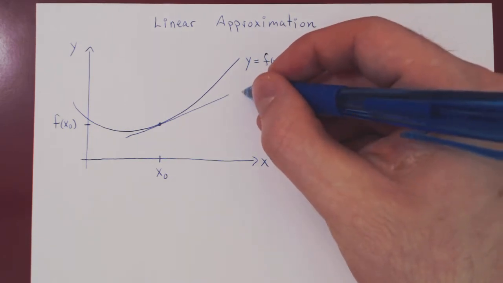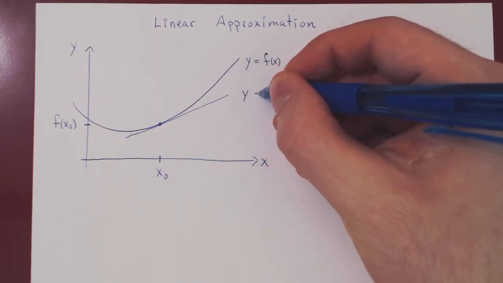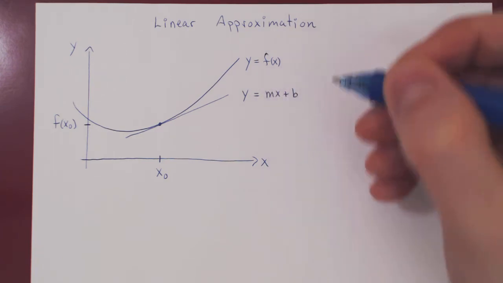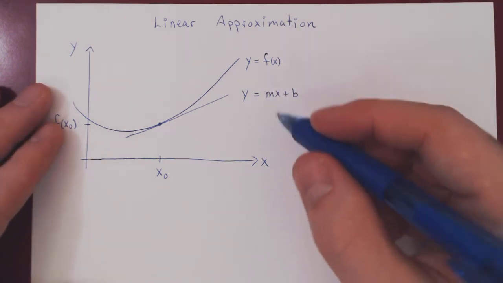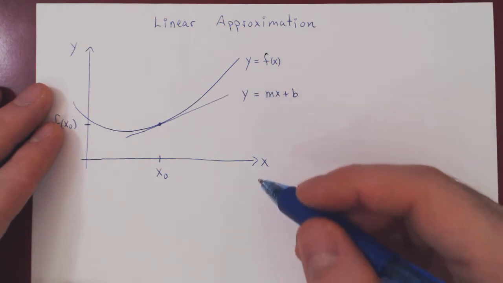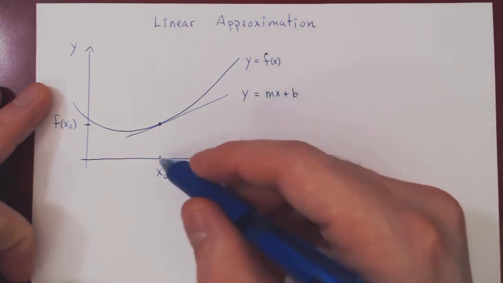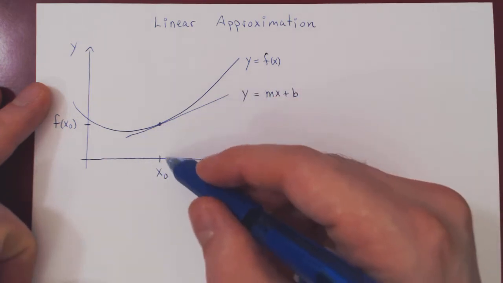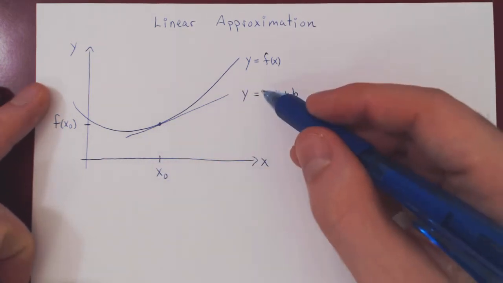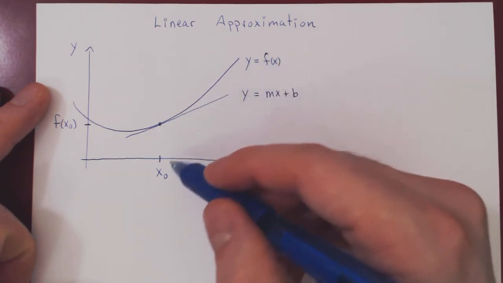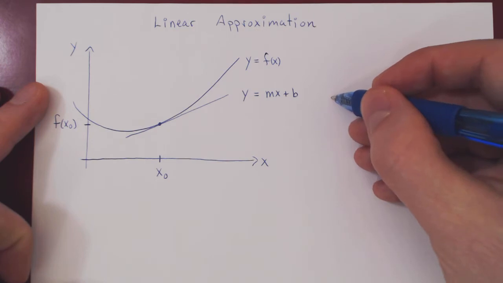Okay, so the equation, of course, is that of a line, so y equals mx plus b. Let's solve for m and b. Well, m is obvious, right? m is the slope of the line at the point x0, but the slope of the tangent line is by definition the derivative of f at the point of tangency.